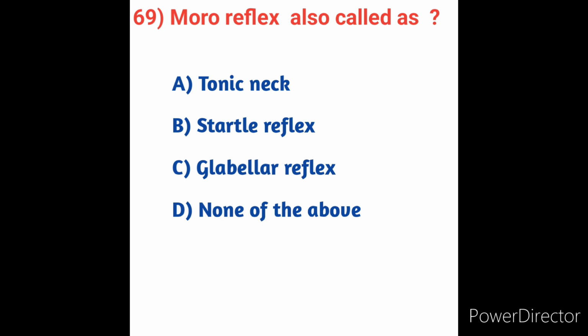The Moro reflex is also called the startle reflex. That's because it usually occurs when a baby is startled by a loud sound or movement. In response to the sound, the baby throws back her head, extends out her arms and legs, then pulls the arms and legs back in.